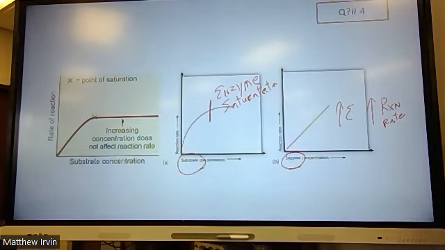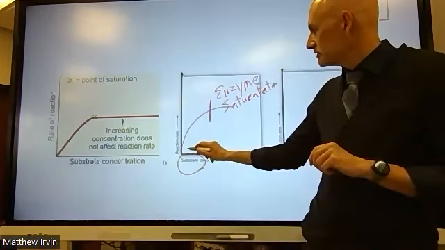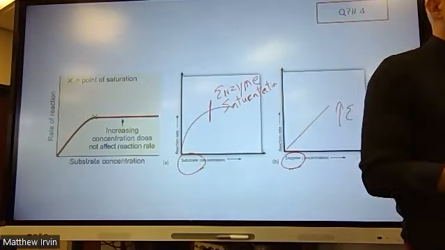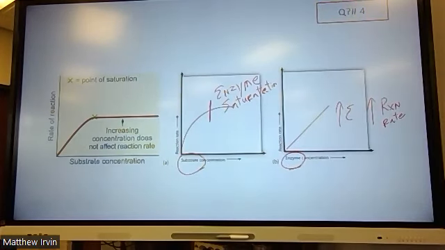So as you increase substrate, you are typically going to see an increase in reaction rate until you get to the point where all the enzymes are working at full capacity. And that's known as enzyme saturation. And then even adding more substrate, you're not going to work any faster than that. So both of those can affect how quickly reactions occur.